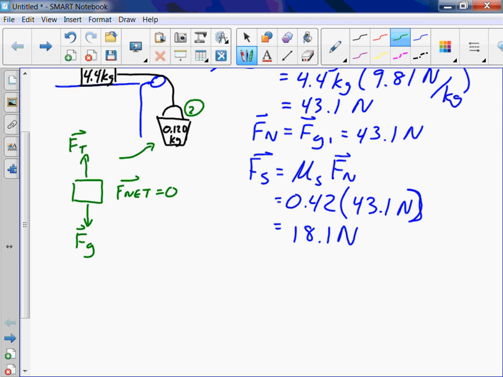Then what do we know about the force of tension? Equal to the force of gravity. Yeah, Evan. Equal to the force of gravity acting on the bucket.